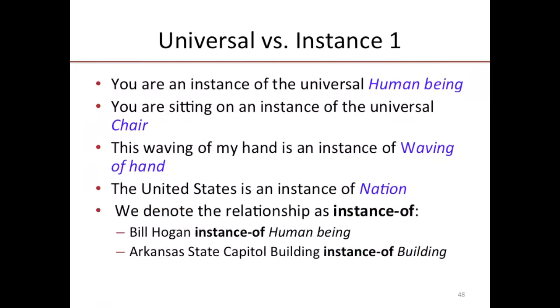The first distinction that BFO makes is the one between universals and instances. We need to keep separate individual things like me, you, this chair, the United States, and things that are repeatable: human beings, chairs in general, nations.